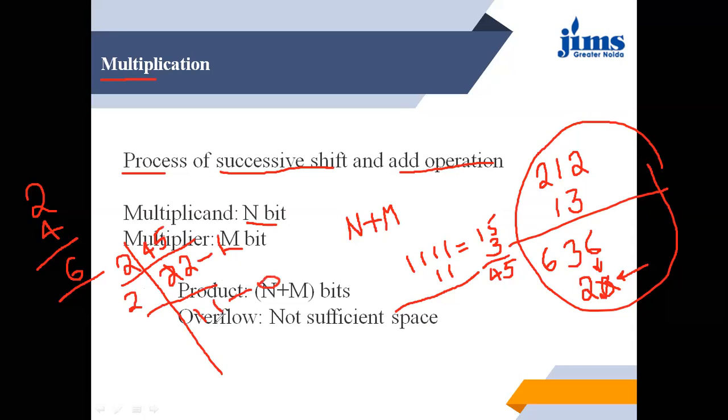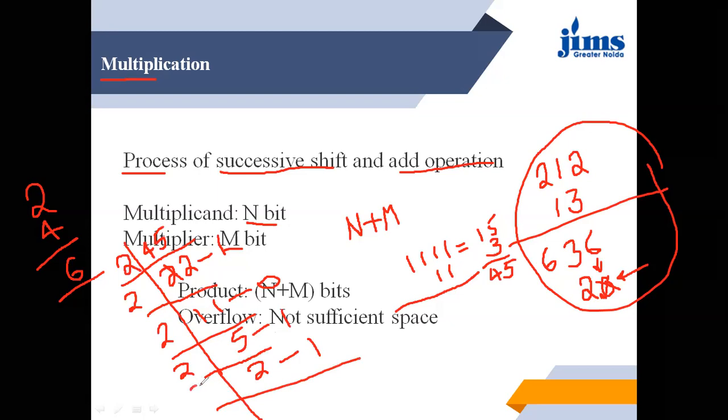Again, when we divide by 2, this is 5 and remainder is 1. Again, dividing by 2, there is 2 and the remainder is 1. Again, when we divide by 2, then this is 1 and remainder 0.